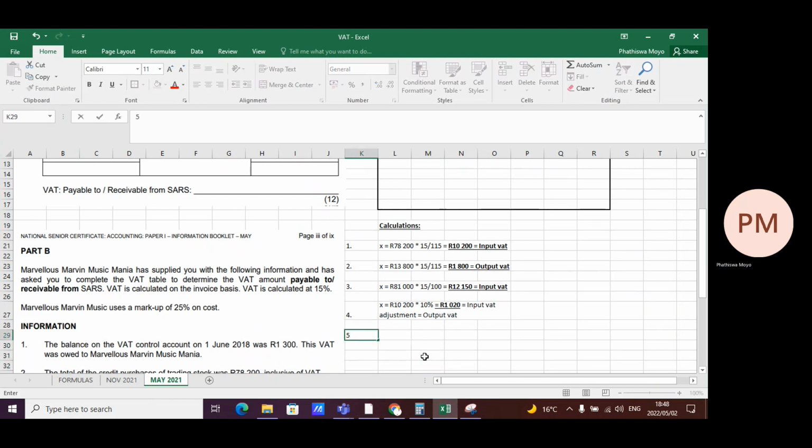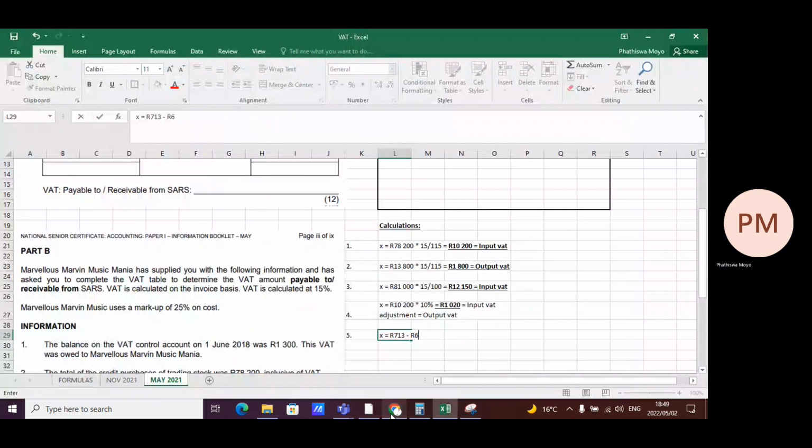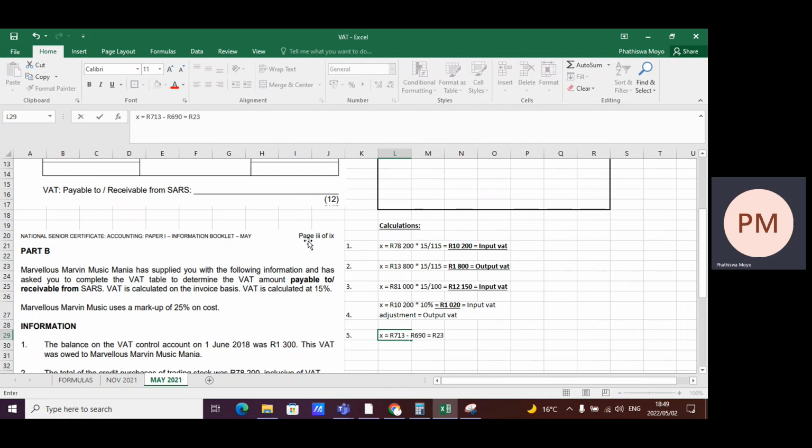Valueless. X equals 713 minus 0 equals 23.